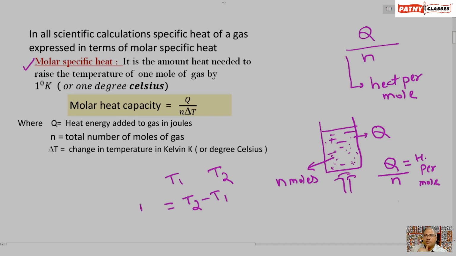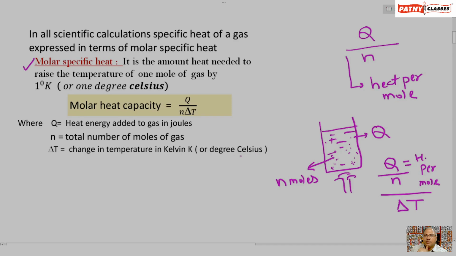Let us call it delta T. Delta T is nothing but the change in temperature of the gas which is being heated up. Now, the molar heat capacity is nothing but the heat supplied per mole divided by delta T. This temperature can be calculated in Kelvin or also in degrees Celsius.